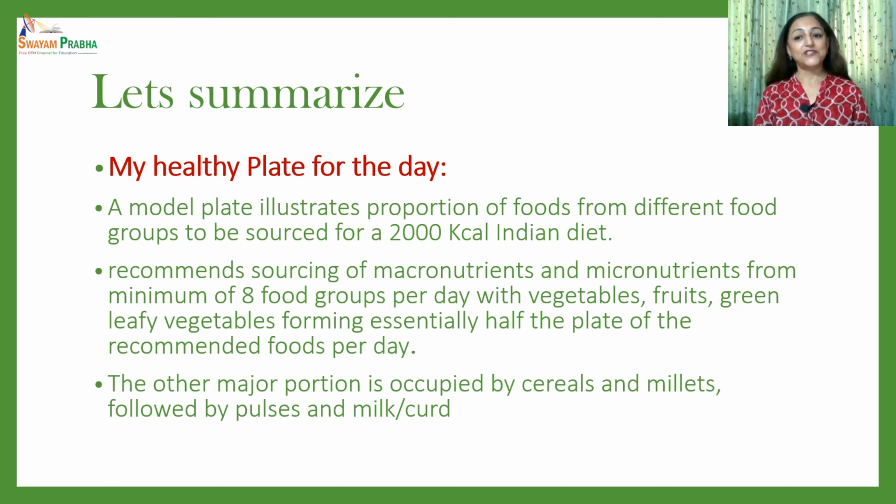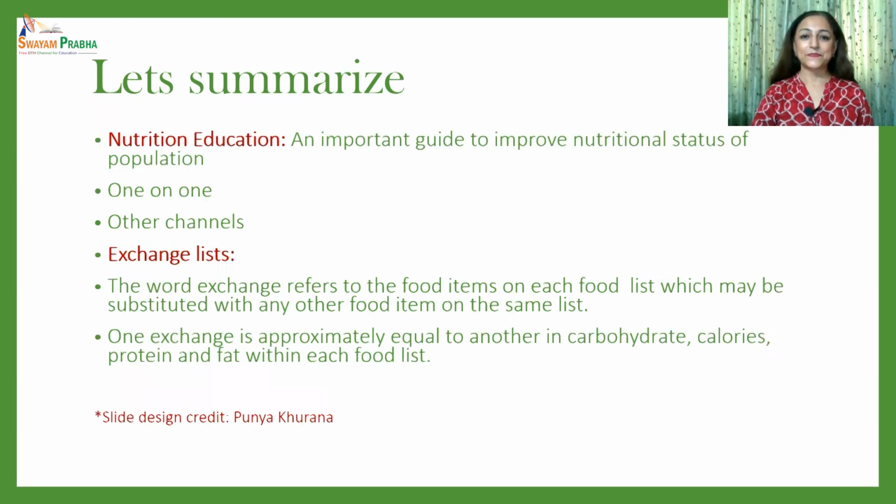Vegetables, fruits and green leafy vegetables form half the plate of the recommended foods daily. The other major portion is occupied by cereals and millets, followed by pulses and then milk and curd.